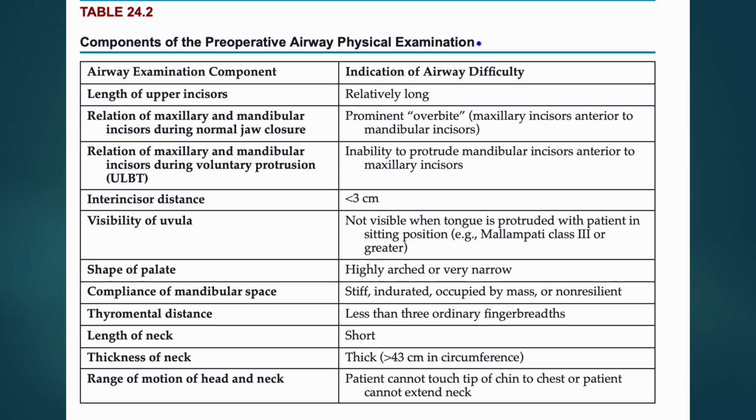If you can't do that, a short inter-incisor distance, limited visibility of the uvula, so a Mallampati 3 or 4. Okay, a short or thick neck. Okay, non-compliant mandibular space, a thyromental distance less than 3 finger breadths, limited head and neck mobility, arthritis, trauma, unstable C-spine. They're already in a C collar.